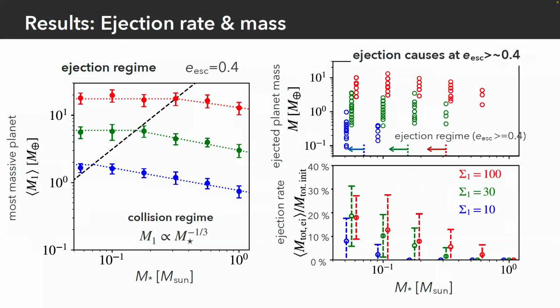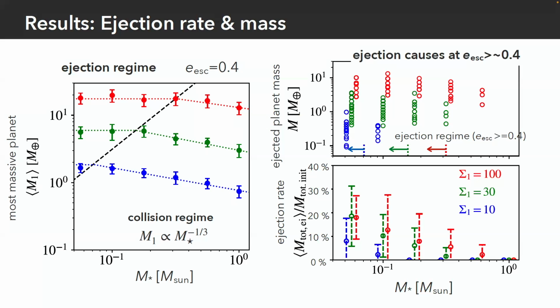This is the result from the evaluation. I plotted the ejected planet mass and the ejection mass rate. Ejection occurs; this line is the ejection regime boundary, and these are the same stellar masses. Before the ejection regime, little ejection occurs, but after the ejection regime, the ejection rate becomes larger and growth is limited.